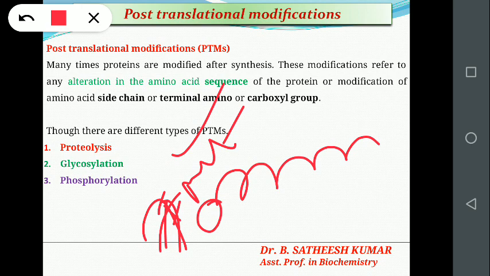The basic modification is removal of the first amino acid, that is methionine, from the N-terminal end of the polypeptide chain. That is the basic thing. As soon as the polypeptide chain is synthesized, the methionine is cleaved off from the N-terminal end of the polypeptide chain.